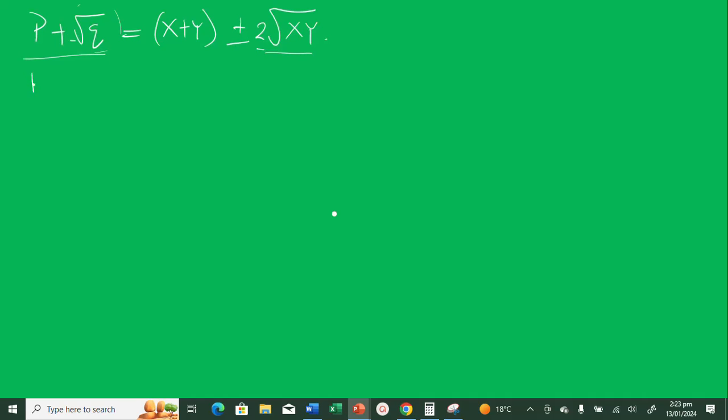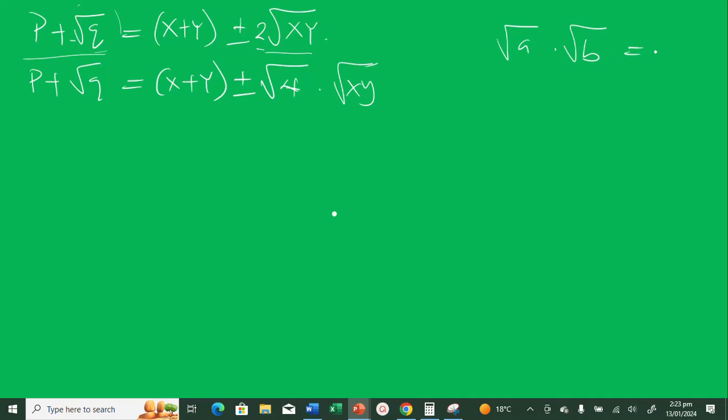So now we have p plus square root of q equal to x plus y plus or minus. 2 is the same thing as the square root of 4, and the square root of 4 is 2, times the square root of xy. Now, there is the surd rule, where the square root of a times the square root of b is the same thing as the square root of ab.